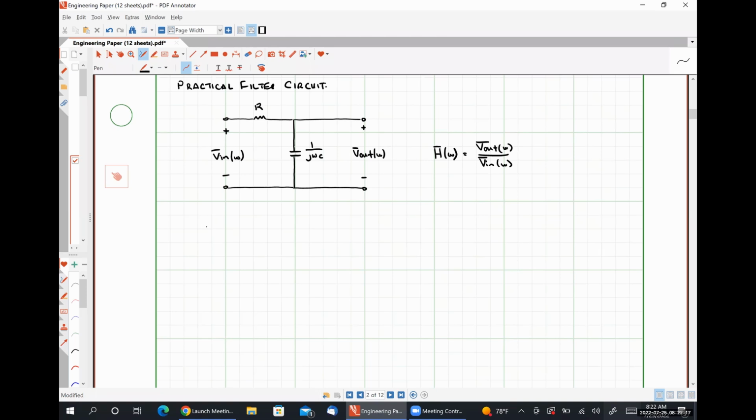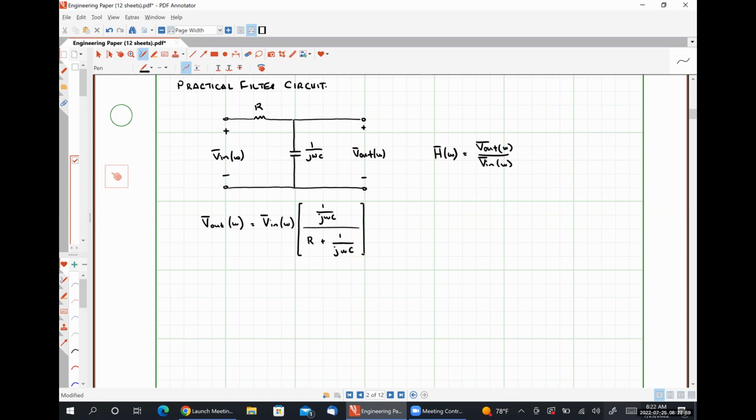So for this particular circuit, we can see that our output voltage V out as a function of omega is simply the V in of omega multiplied by the ratio of 1 over j omega c divided by r plus 1 over j omega c using voltage division, okay?